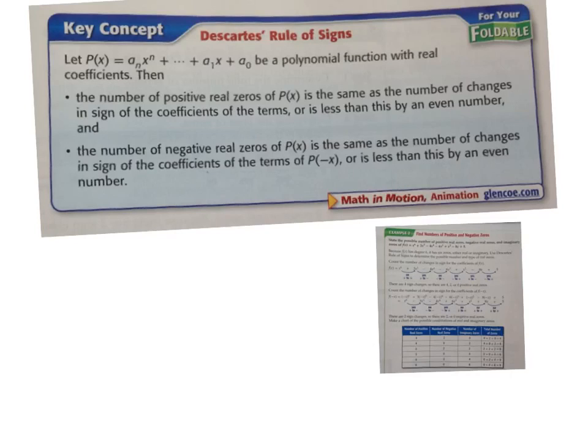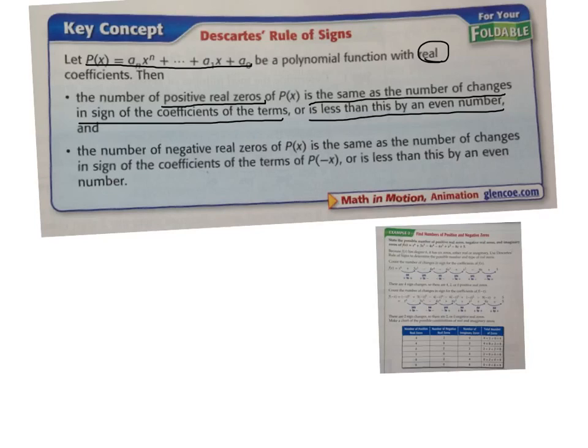Descartes' rule of signs is kind of interesting, actually. First of all, it starts out with let p of x equal the algebraic form of the polynomial with real coefficients. Notice, with real coefficients. Then the number of positive real zeros of the function, like 2, 4, even the square root of 3, it doesn't have to be rational, it just says positive and real, is the same as the number of changes in the sign in the coefficients of the terms, or is less than this by an even number.